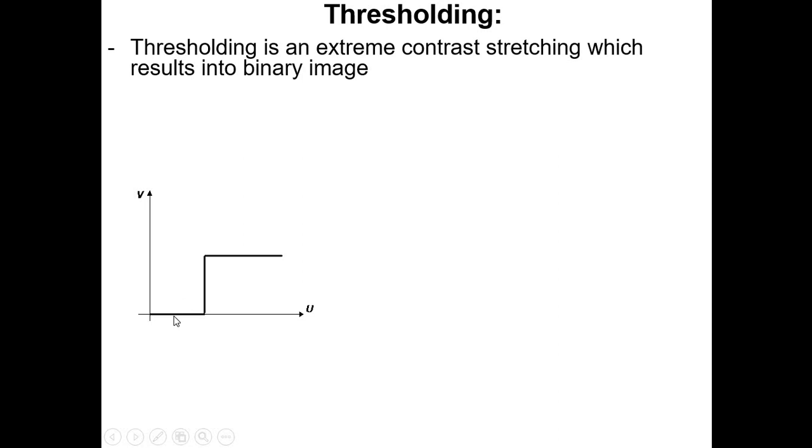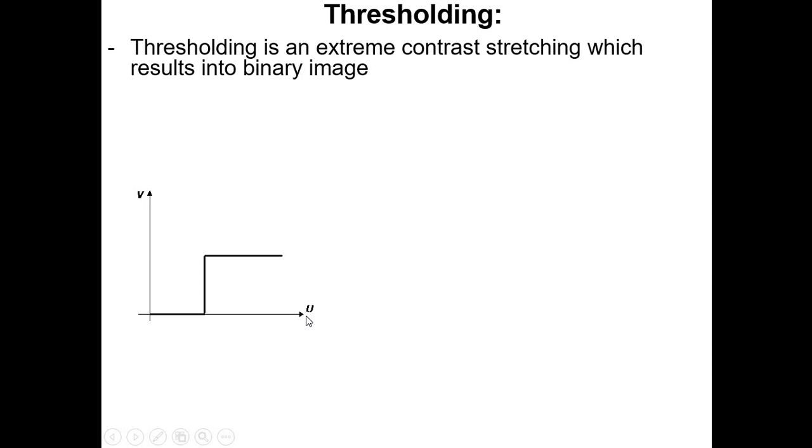So two possible values of gray are what? 0 represents a black pixel, and L is the highest pixel value. For example, if it is an 8-bit image, L is 255. So 0 and 255, these are the two values you can see in the resultant image after application of this thresholding transformation on the given image.